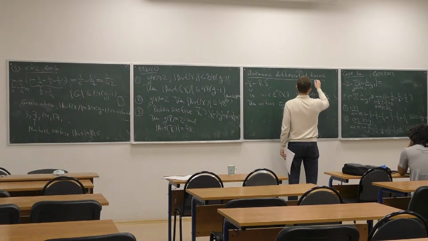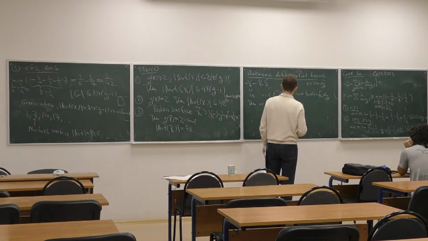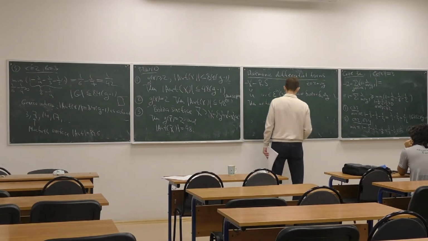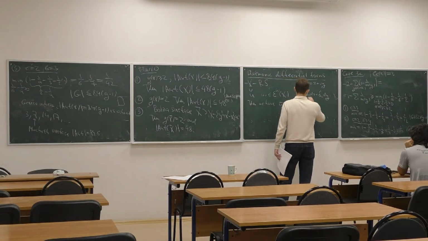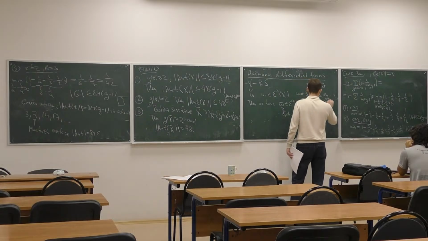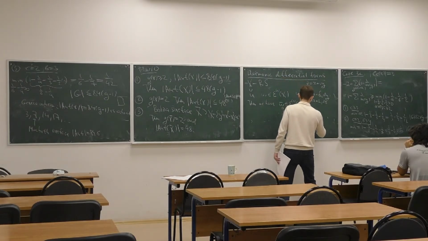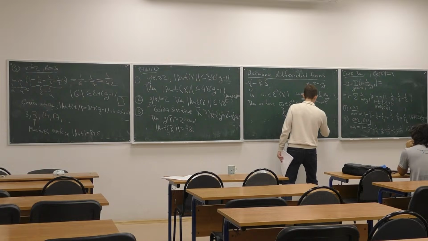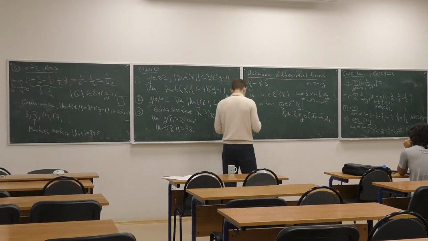Or you can use a complex coordinate z, with its real and imaginary part, and write h1 dz plus h2 dz bar. And then this is of course equal to h1 bar dz bar plus h2 bar dz. So it is an obvious operation.